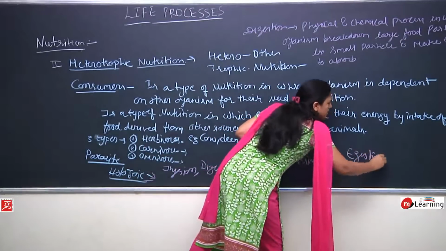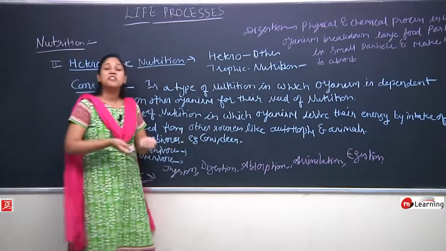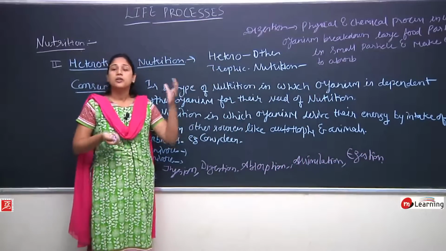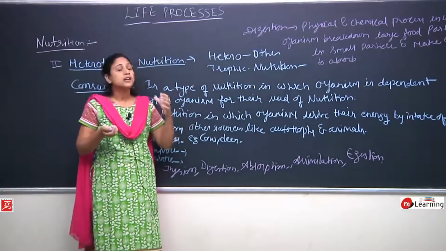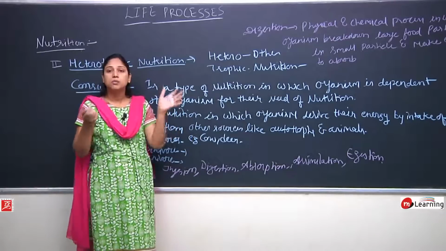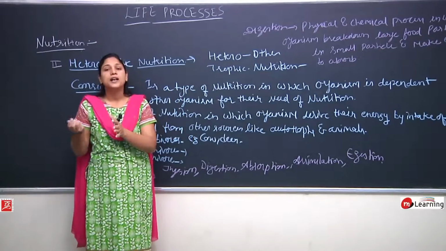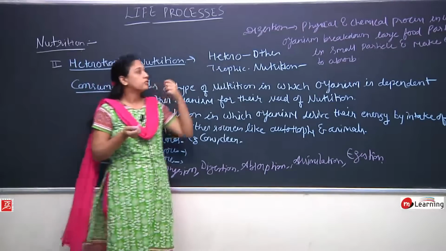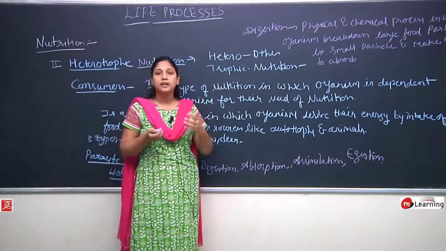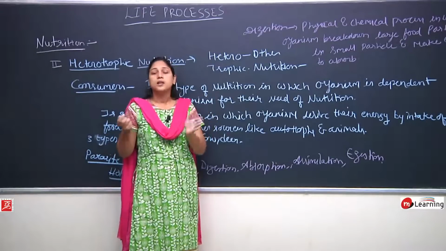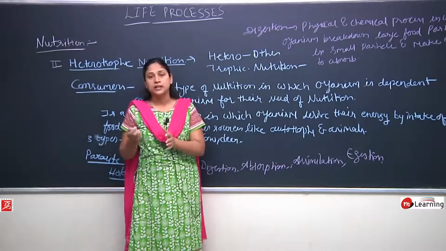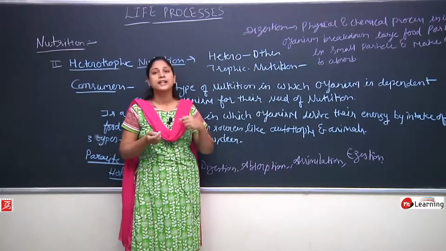Okay, what happens when we take food? Not the whole food is converted into the simplest food particles, and some part of the intake food is converted into waste material, which we do not take.